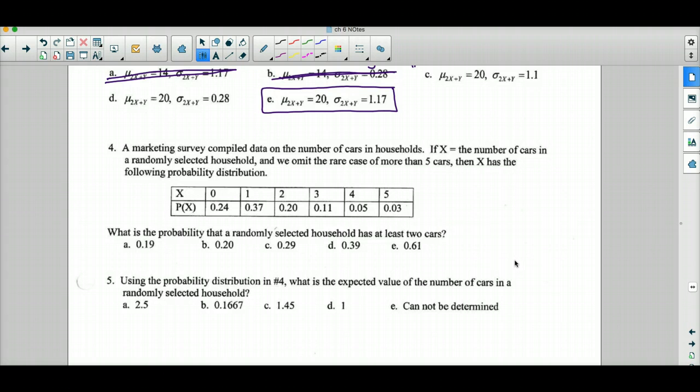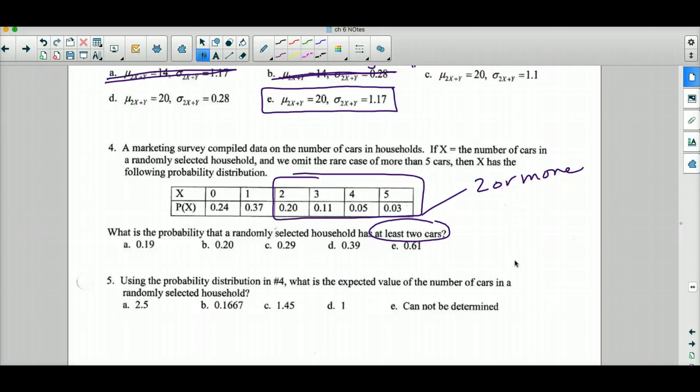Talk to me about what at least 2 means. 2 or more. So at least 2 means 2 or more. So then you're going to add 2, 3, 4, 5 together. So 0.2 plus 0.11 plus 0.05 plus 0.03. So that gives me 0.39, which is D.